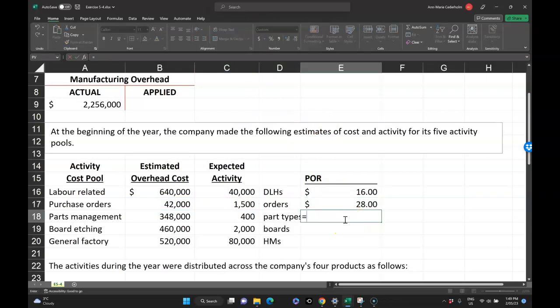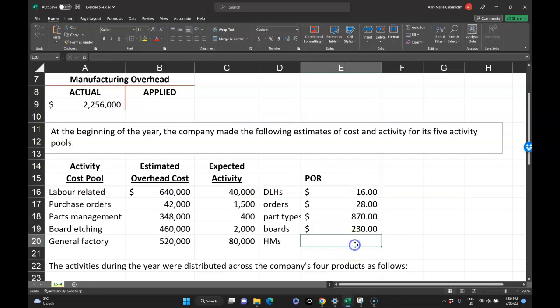With parts, we'll do 348 and then divide that by 400. So in this one, we're assuming that it's 870 per part. Board etching will take 460,000 divided by 2,000 boards, and that gives us 230 per board.